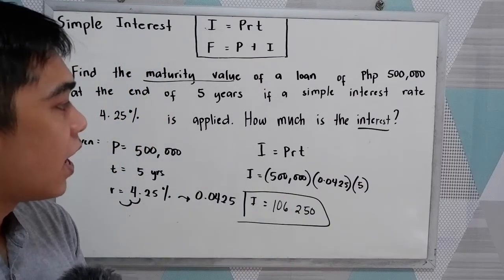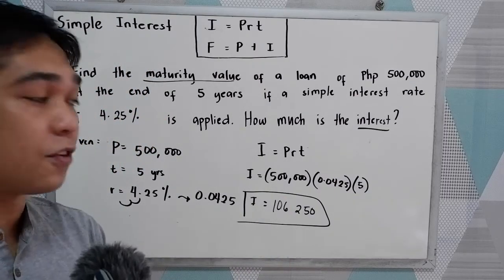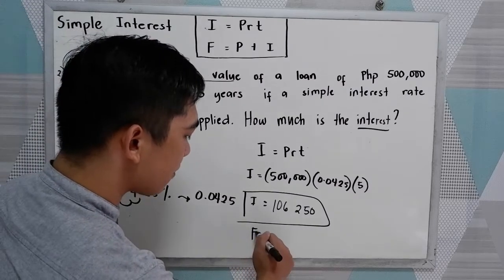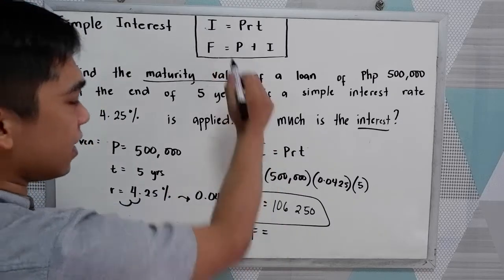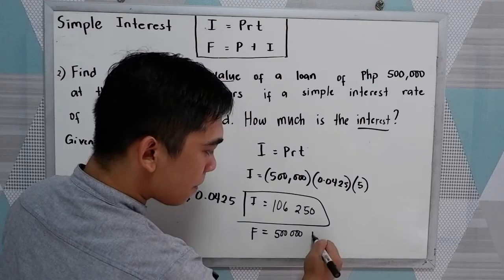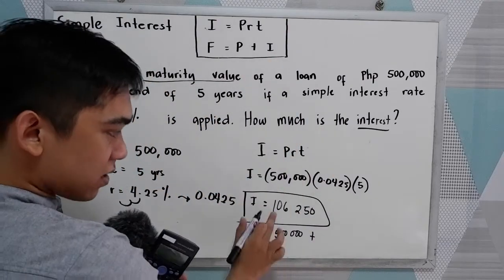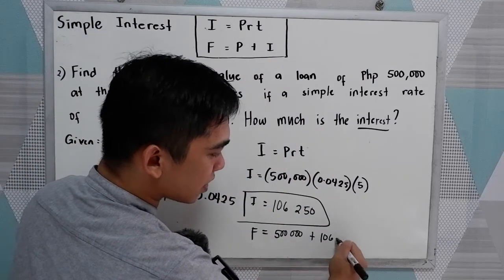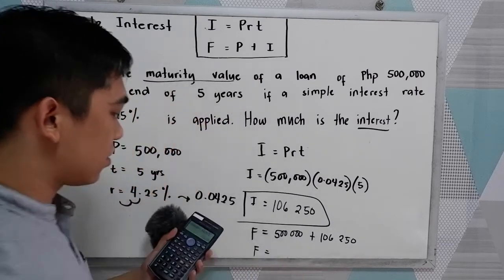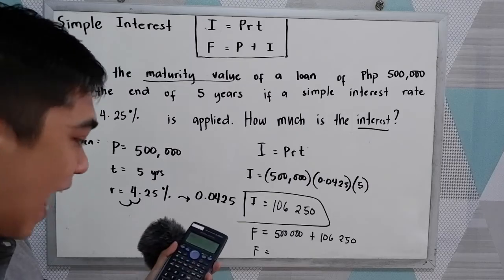106,250 pesos. And to find the maturity value, or F, that is equal to the P, which is 500,000, plus the interest, which is 106,250. So just add the two.